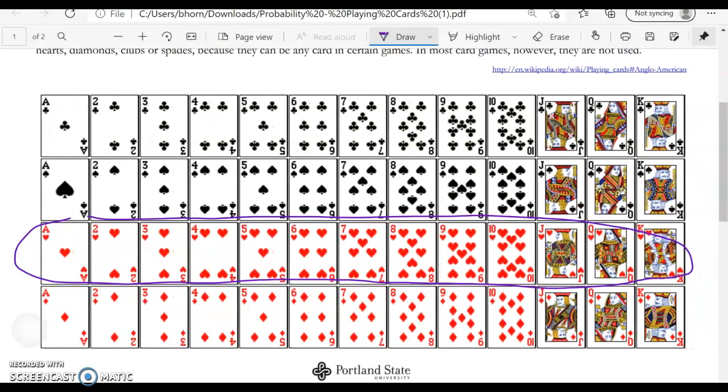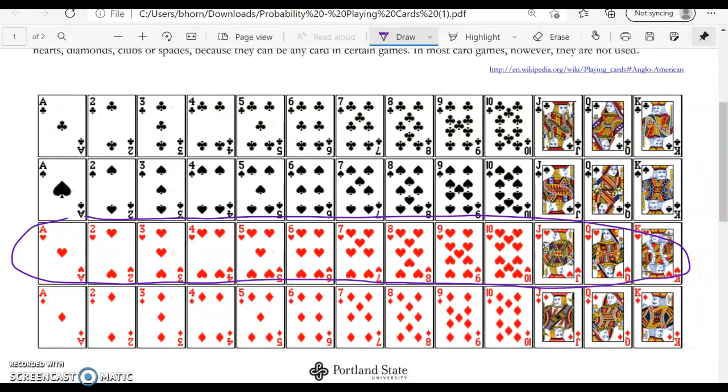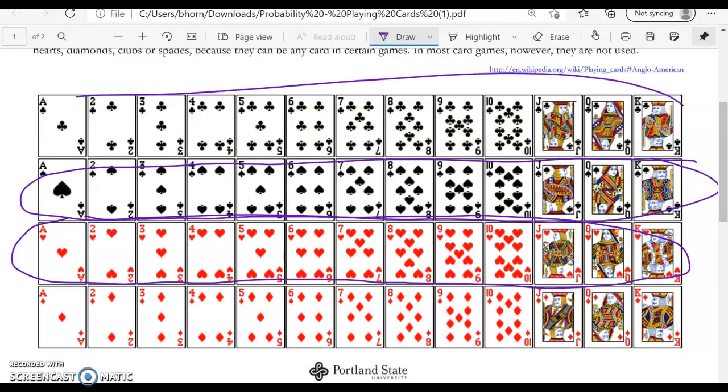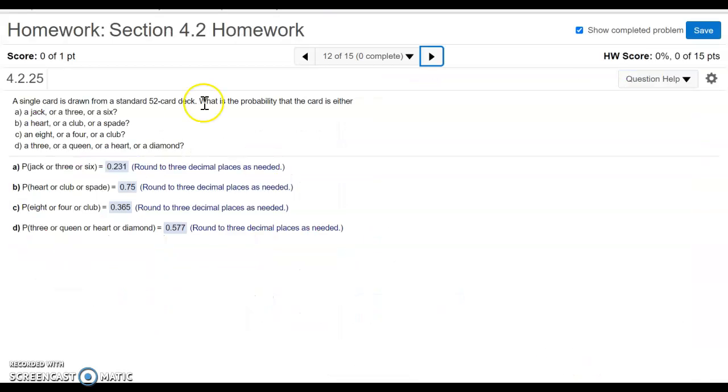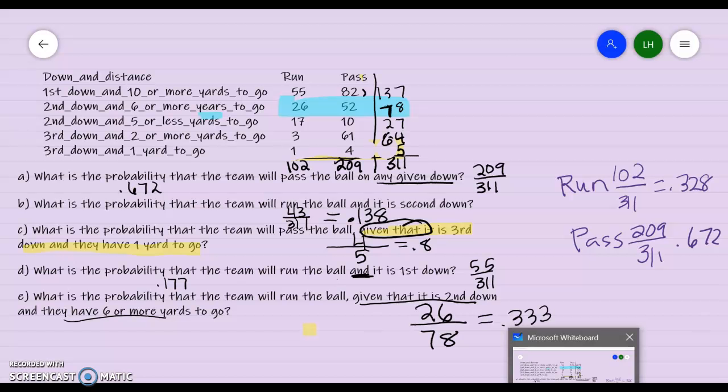Okay, these have all been counted. You don't want to count them twice. Then you're going to count your clubs and you're going to count your spades. So that would be 39 divided by 52, which would be 0.75.